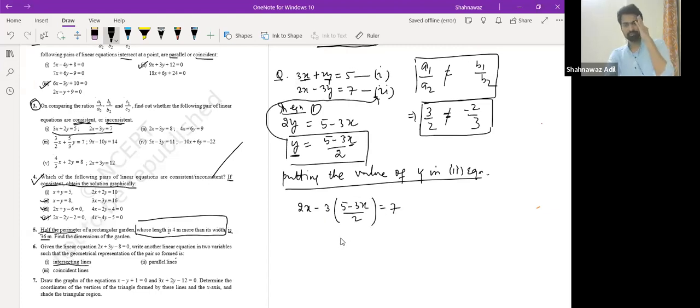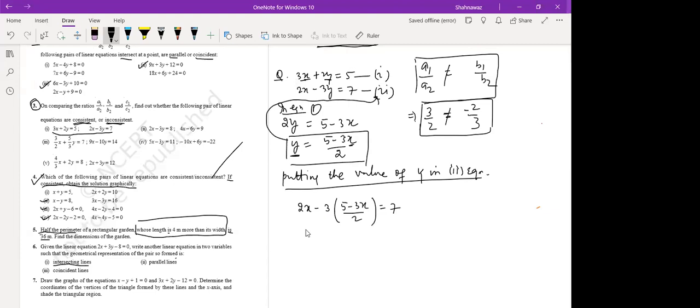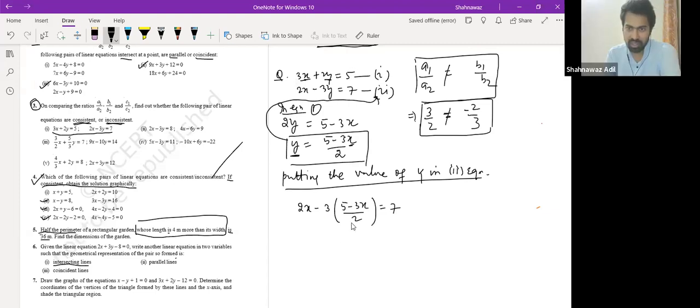Right, Amma? Yes, sir. Since this is in the denominator, we should take the LCM. So this would give me (4x minus 3 into (5 minus 3x)) by 2, and this is equal to 7.